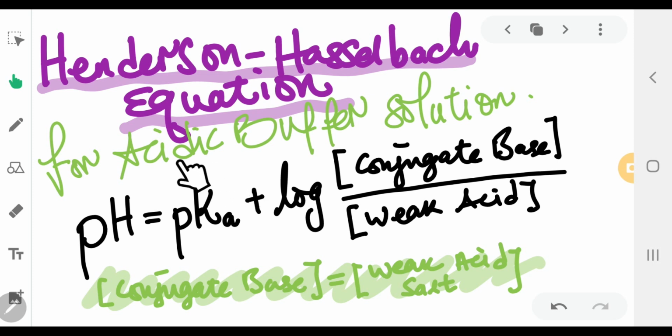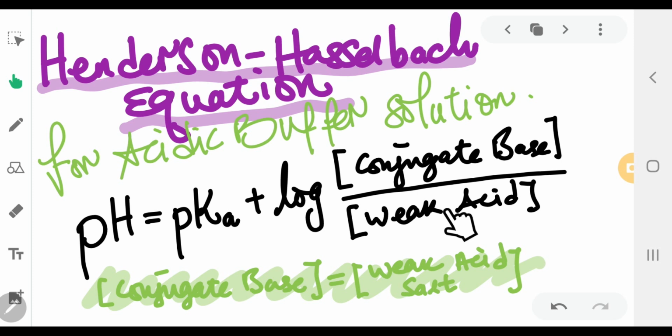The formula will be looking like this. The pH is equal to the pKa plus log of the concentration of the conjugate base over the concentration of the weak acid. The reason why we're involving the Ka value is because, remember, inside your buffer solution, we are involving a weak acid.